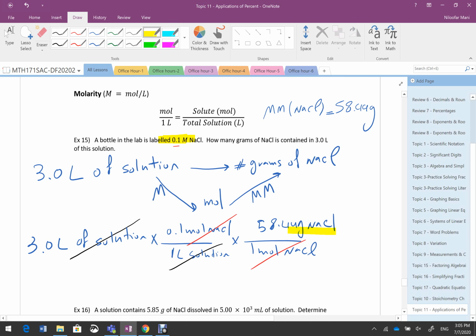Okay, so this is left. This one, this one, this one, and this one. So the answer is 17.5 gram, and I need to go to 2 significant digit because of this. So 2 significant digit. Here is 4 significant digit.